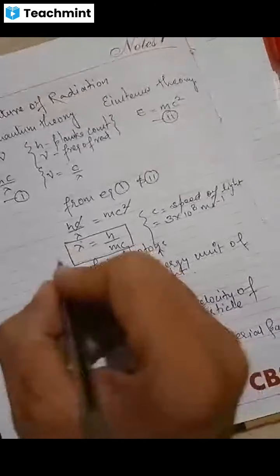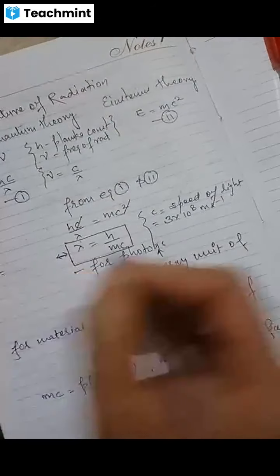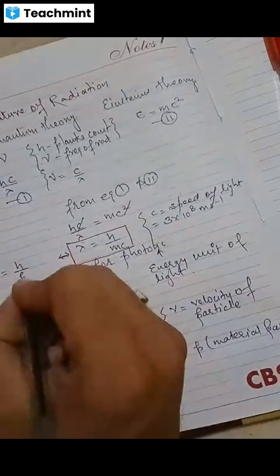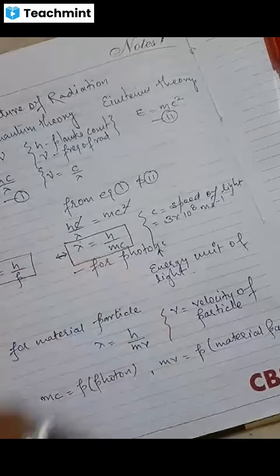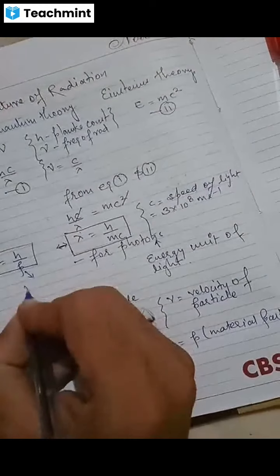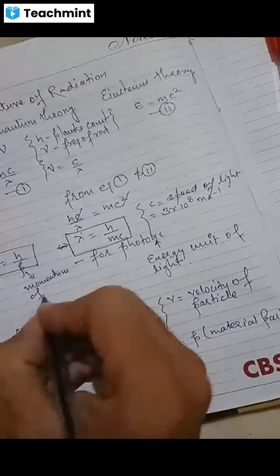Now what further you will get? If you are not expanding, it will be changing m into c. Then this will also give you p. Lambda is equal to h upon p. So one more expression you will be getting in the form of the momentum. Here p is momentum of photon.